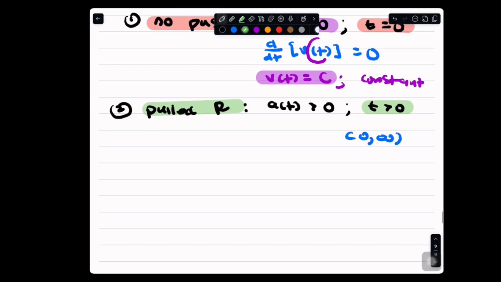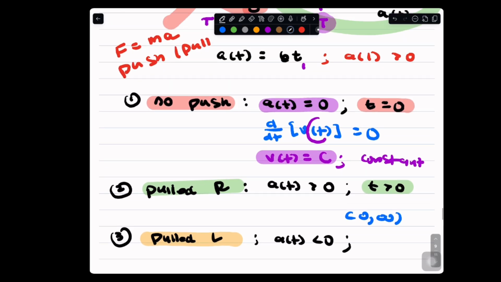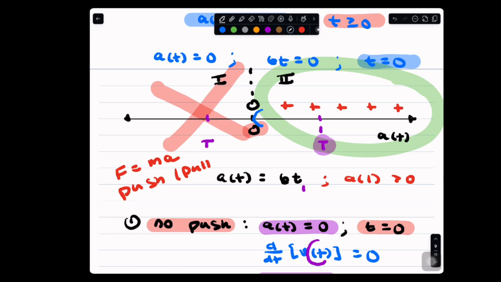And if I ask you, what's this question? When is the particle being pulled to the left? Well, that happens when your acceleration is negative. Okay, when is that acceleration negative due to sign analysis?